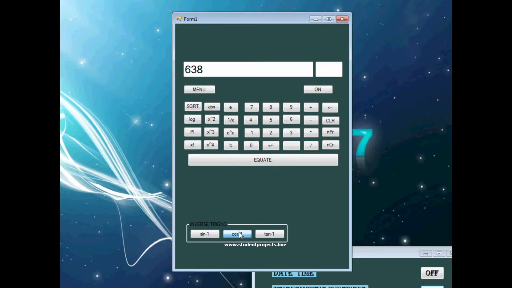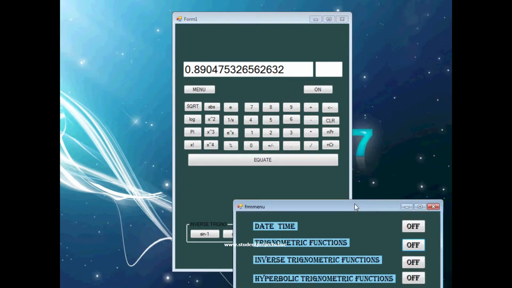Then let us perform cos inverse. So the number should be valid number, otherwise error will be shown here. So now we can find the cos inverse, 1.2358, tan inverse is 0.890, so on the number.